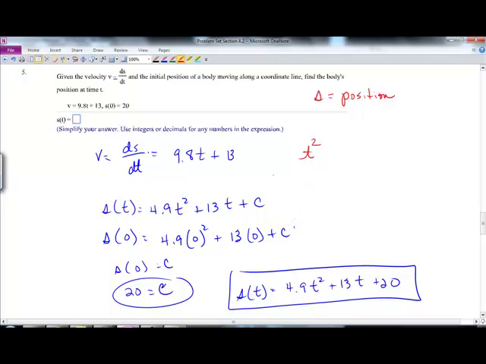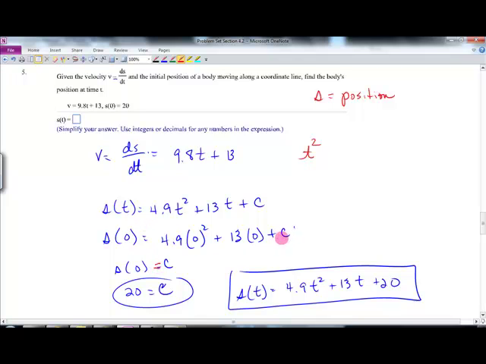All right, now, it says s of 0 equals 20. We're going to have to use that to figure out what that c value is. If s of 0 equals 20, okay, that means you're going to plug in 0 for t. So you would get, what do you get?